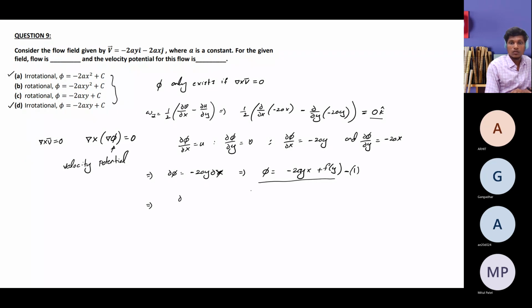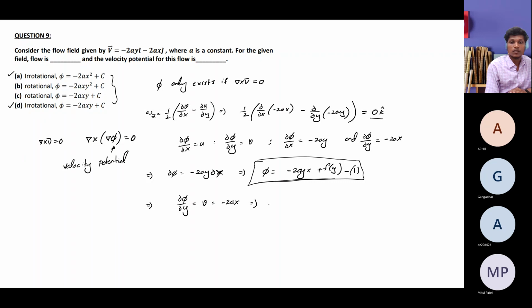If I apply dou phi over dou y to equation one, it should equal my v vector. What is my v vector? Minus 2ax.